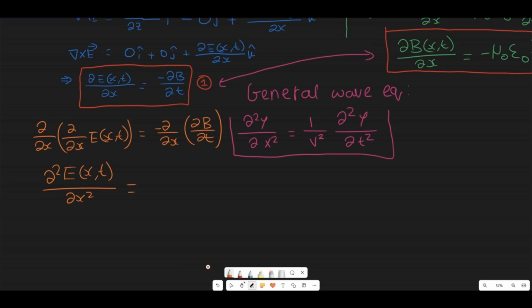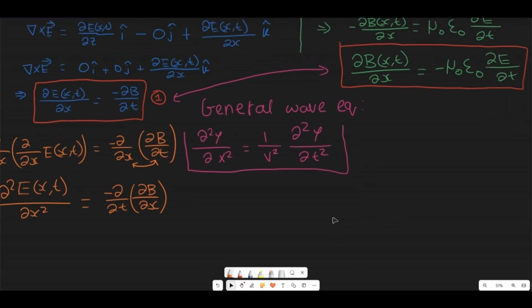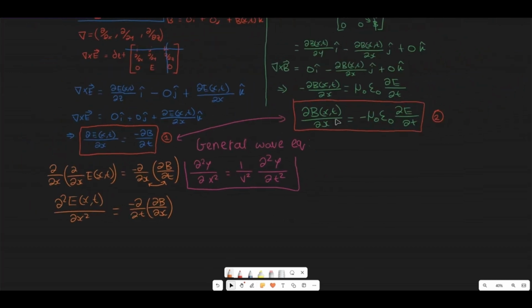But what we can actually do is swap these two derivatives, and I can just take the time derivative of partial B by partial x. The reason I did that is because this is actually an equation for partial B by partial x. So at this point, I can just make a substitution.